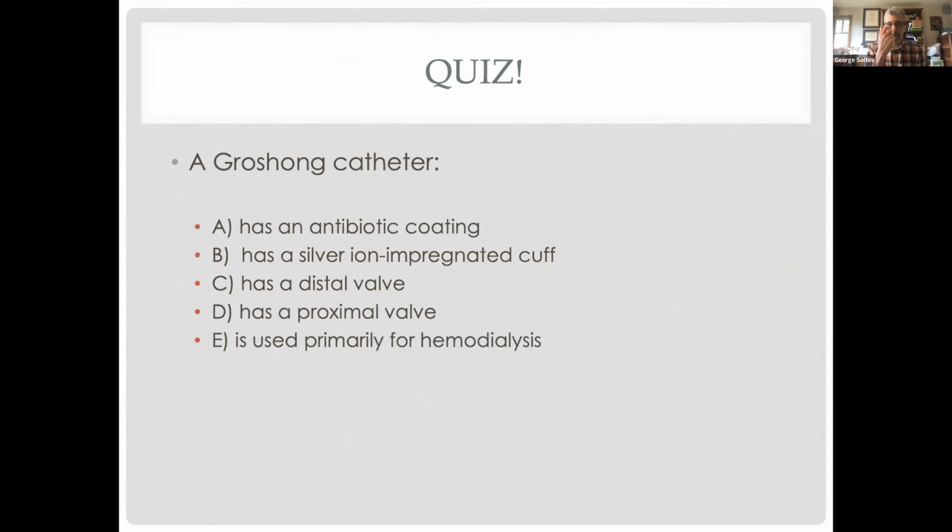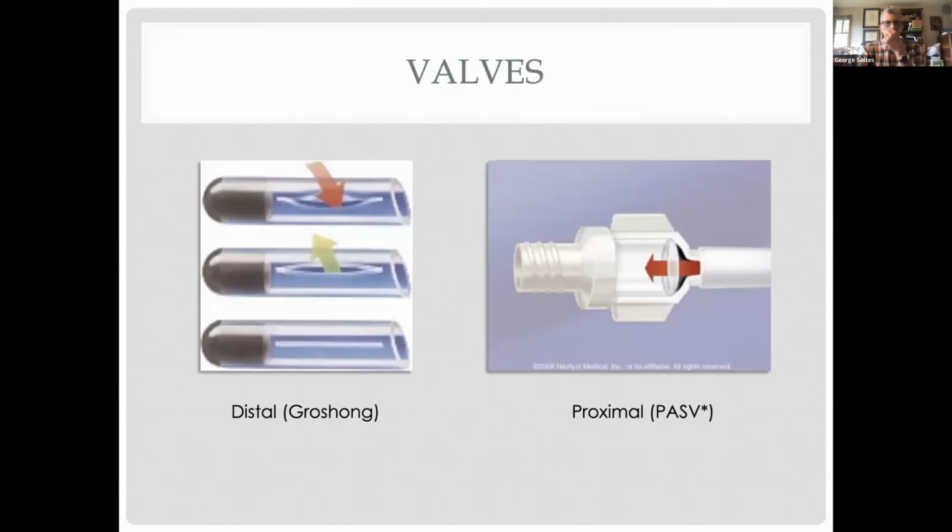Getting into some special cases, I wonder if any of y'all know what a Groshong catheter is. You still see a lot of them out there, and you'll recognize them on chest x-rays. Is it a special catheter with an antibiotic coating, a special fancy cuff, a distal valve, a proximal valve, or some kind of hemodialysis catheter? We'll see in a sec: a Groshong catheter is a catheter that has a valve built into the distal tip.